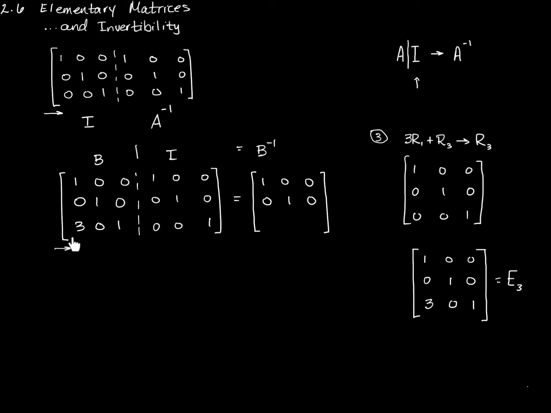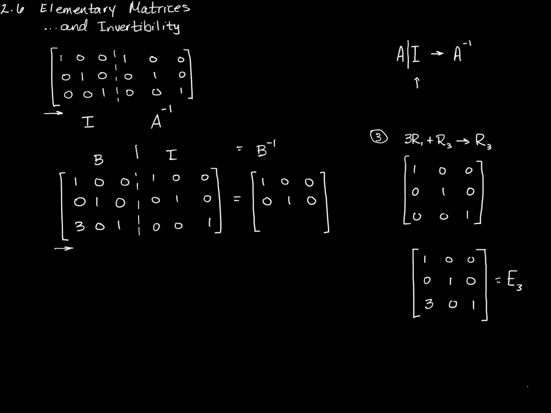I need to make this a 1 and this a 0. So this is already a 1, which is good, and it looks like the way to turn this into a 0 would be to multiply row 1 by -3 and add it to row 3.